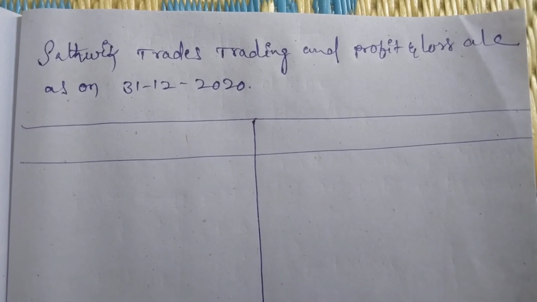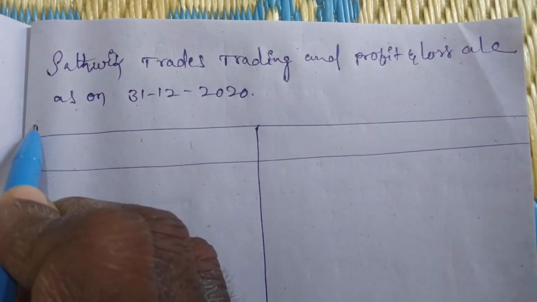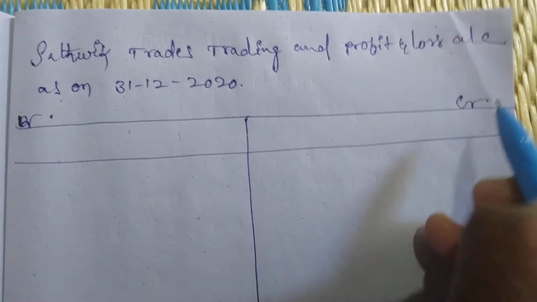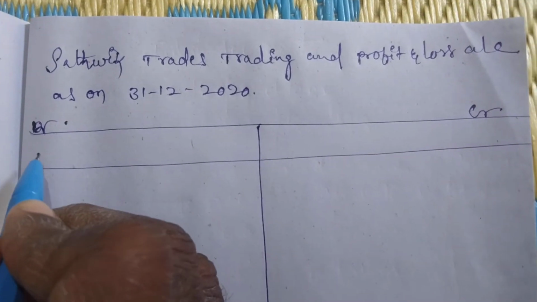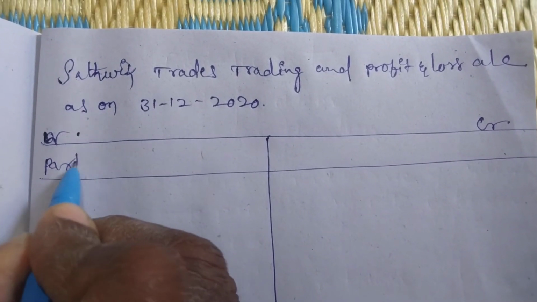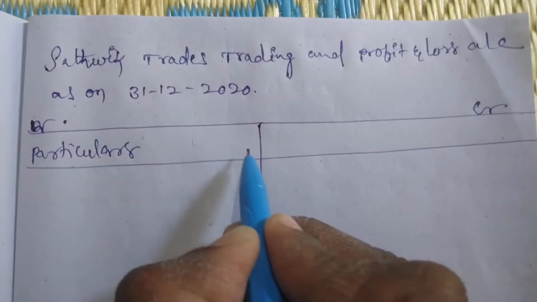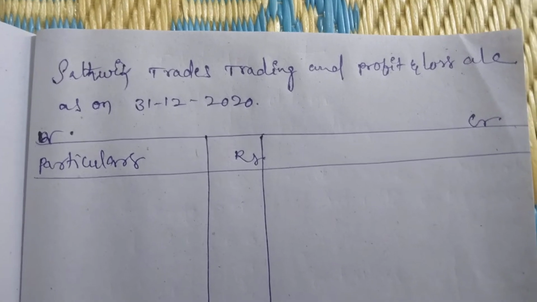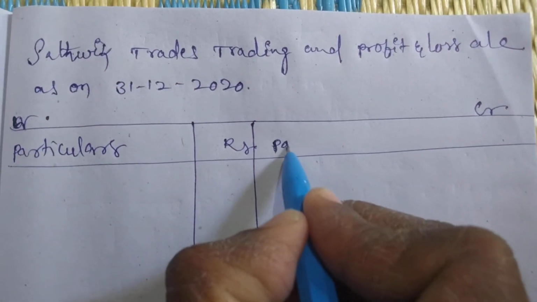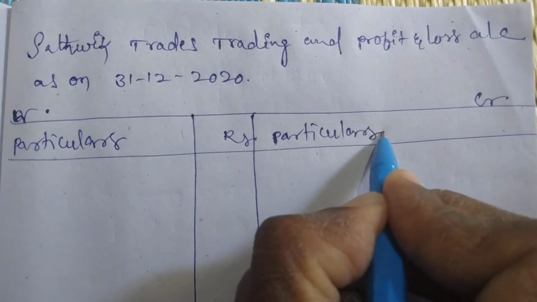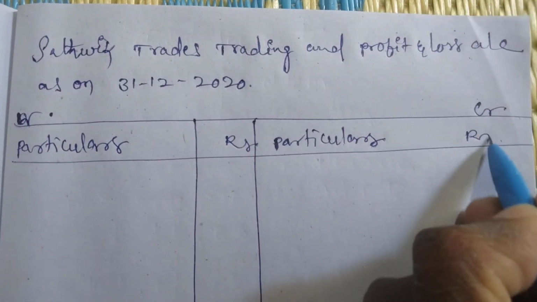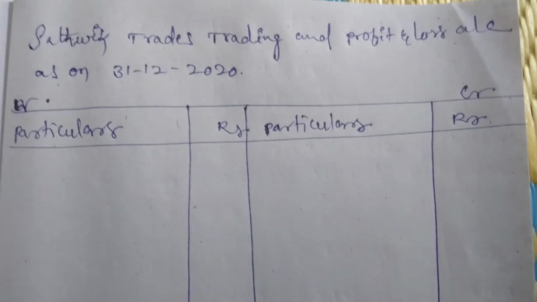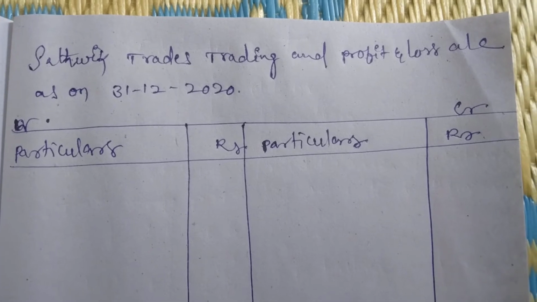The left part is called the debit side and the right part the credit side. On the debit side, write particulars and a rupees column with another line. On the credit side also, particulars and rupees, and draw a line. So this is the trading and profit and loss account.